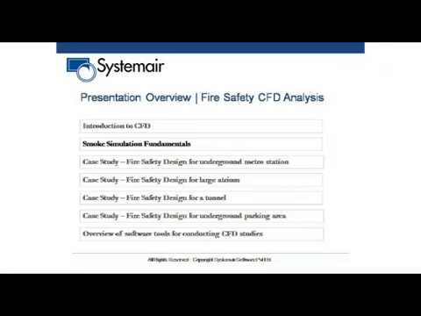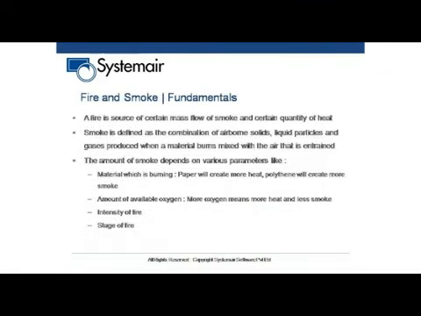The typical application we are discussing right now is smoke simulation. The fundamental is that a fire of a certain size creates smoke and heat. Both can be simulated using CFD: how much smoke and heat are generated, and what path the smoke and heat are taking.